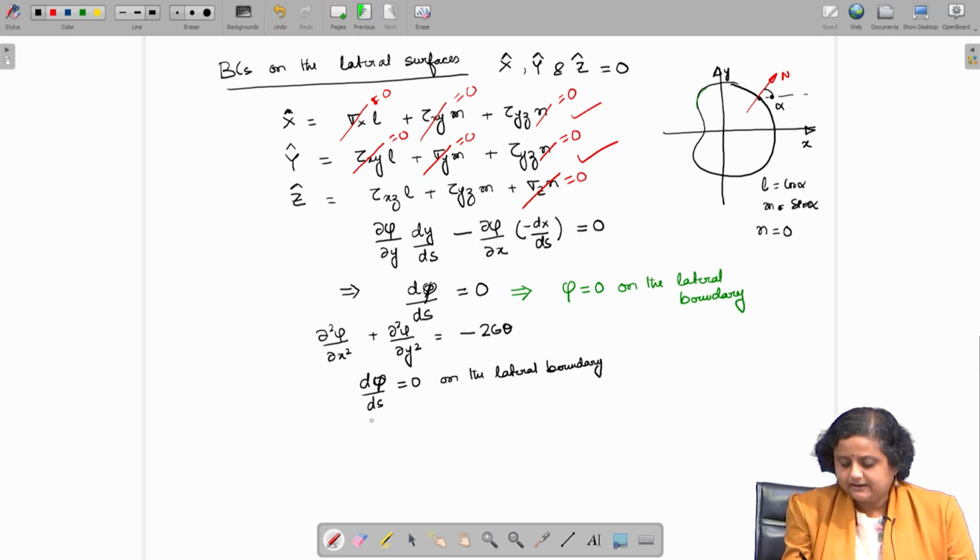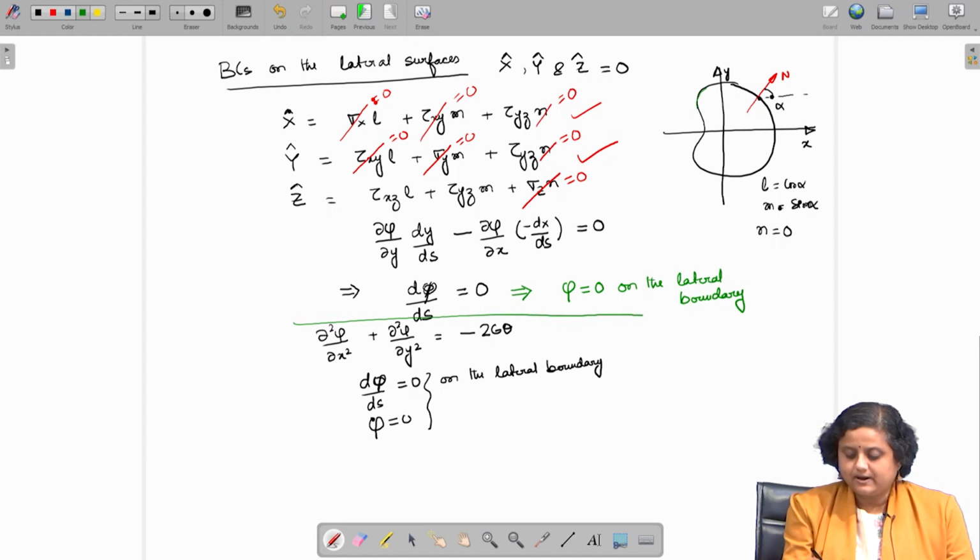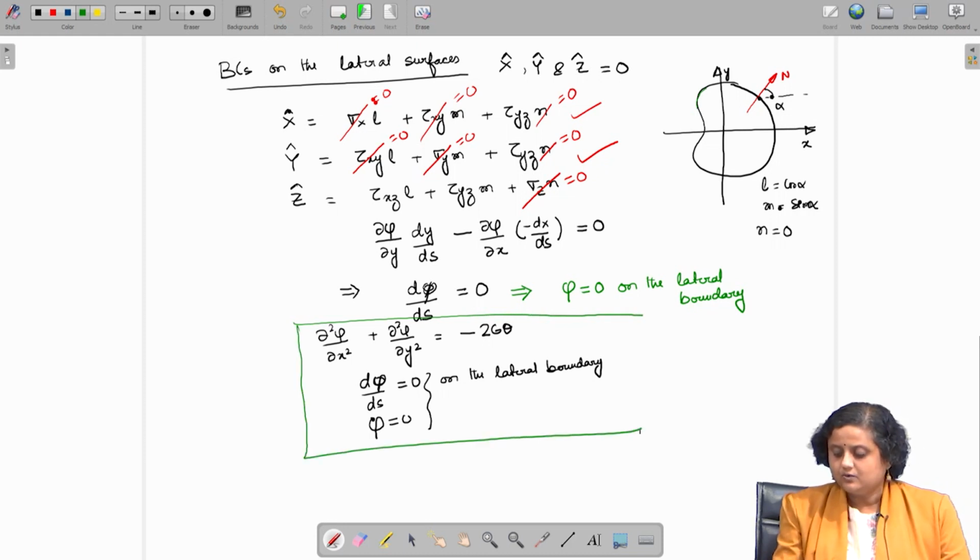Or this can also be satisfied when phi is equal to 0 on the boundary. So, therefore, we need to find out a stress function which is going to satisfy these two criteria.